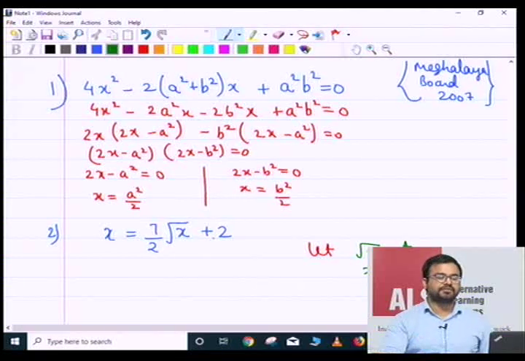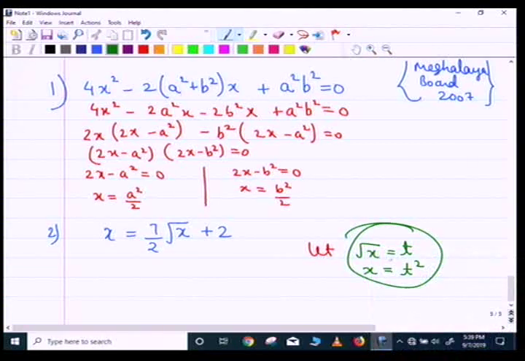This is a substitution which you can make, root x is equal to t and x is equal to t square. So we can put it over here. So it will be t square is equal to 7 by 2 t plus 2. Now you can solve for the values of t.